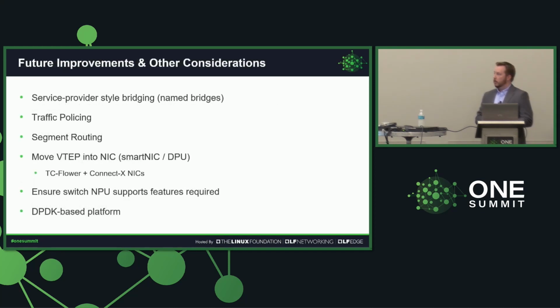Some additional things that we're considering are things like being able to add what's traditionally called service provider style bridging, not actual service provider bridging, but service provider style bridging, where you can have named bridges that are not just VLAN 200, VLAN 300. Instead, you could actually create a named bridge, and then dynamically insert interfaces into that bridge, which would give you a lot more scalability and really simplify the configuration.